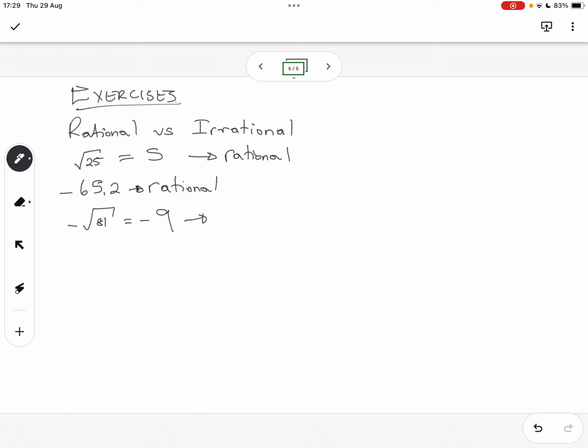Okay. So it's rational because -9 is an integer, and there's no way we can have an integer and it not be rational. Right? So it's rational because -9 is an integer.